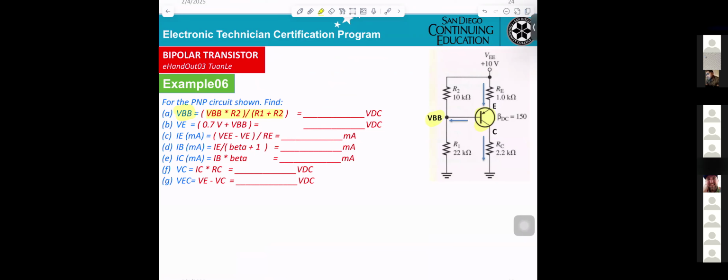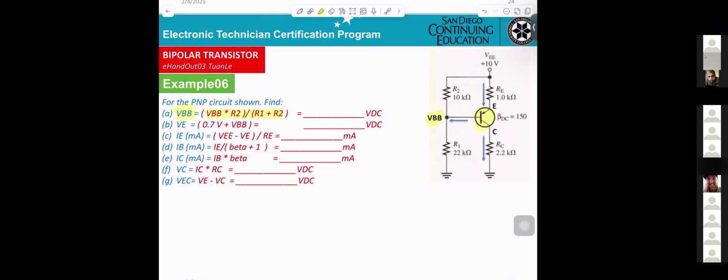Okay. If I give you the meter, I want to measure VE. How to make a connection? High side of the meter and low side of the meter, how do we connect it? If you measure just VE, the low side has to be on the ground.